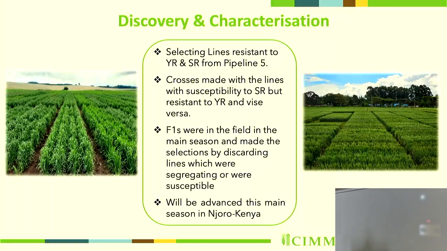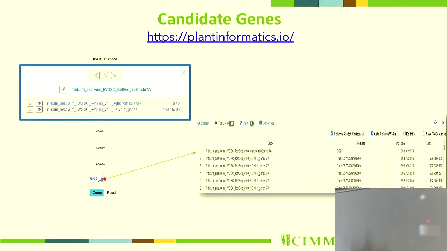Then I take those lines forward to develop biparental populations to see what kind of resistance they have, because some of the lines in these trials looked really promising last year when I was there, and they were completely immune. For stem rust, we can understand the presence of major genes, but for stripe rust, some of those lines look really promising. I've already made crosses, and they are in process. Hopefully we'll get something good out of it.